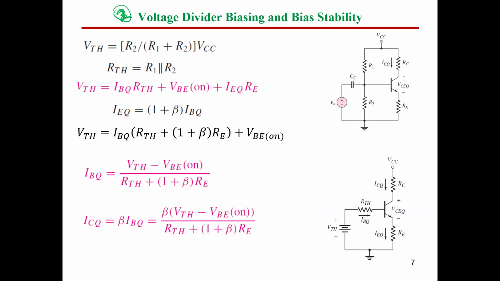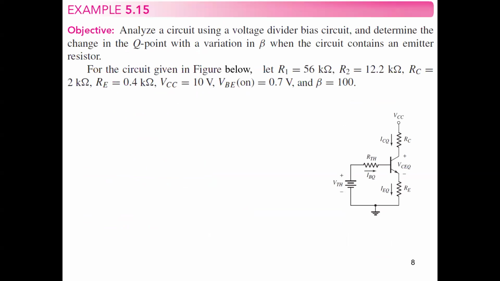The voltage divider means we have a voltage divider on the base, and at the same time, we have a resistor connected to the emitter. So this is the emitter-based resistor circuit. This configuration, guys, we will give it the name of emitter resistor-based circuit.